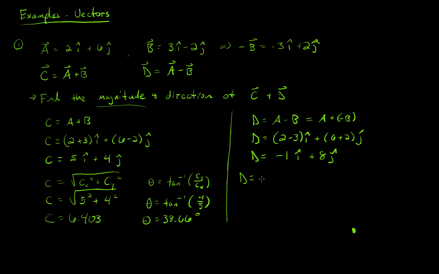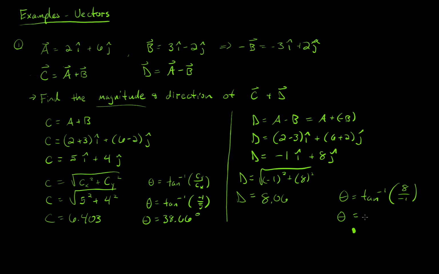So the magnitude is going to be the root of negative 1 squared plus 8 squared. That gives me the root of 1 plus 8 squared, which is 8.06. And then theta is going to be arctan of the y component over the x component, 8 over negative 1.